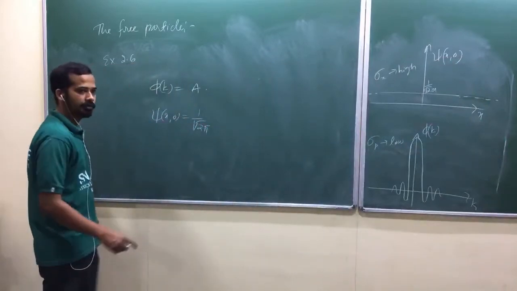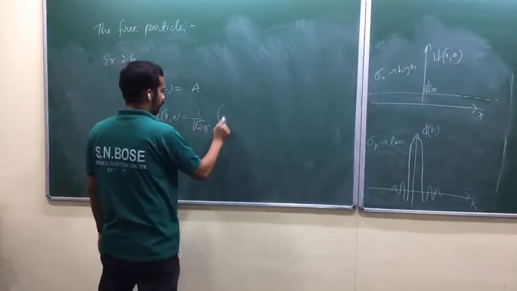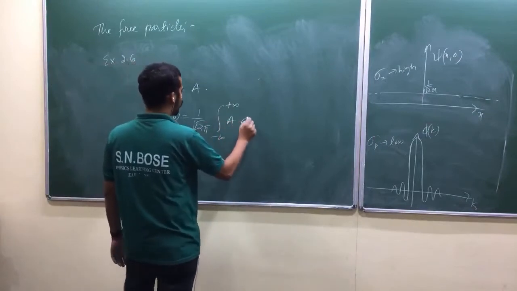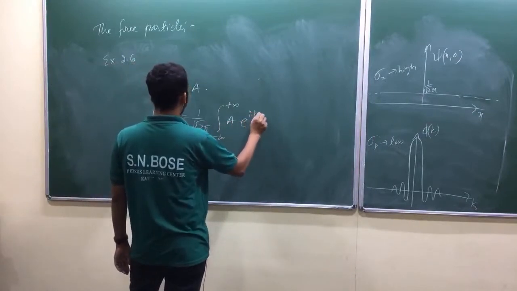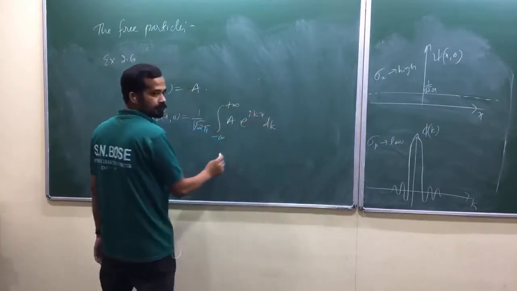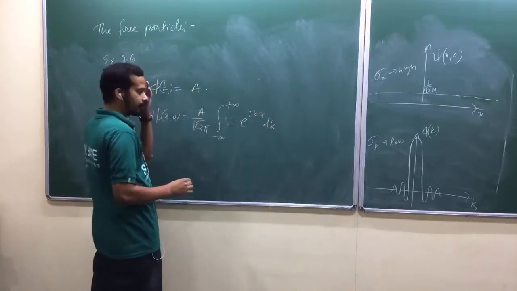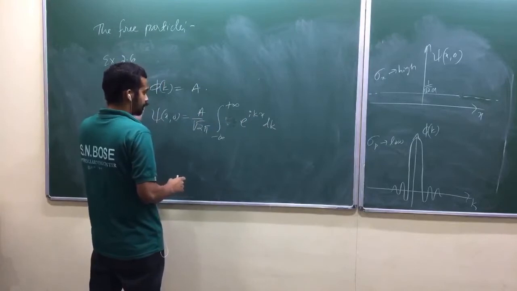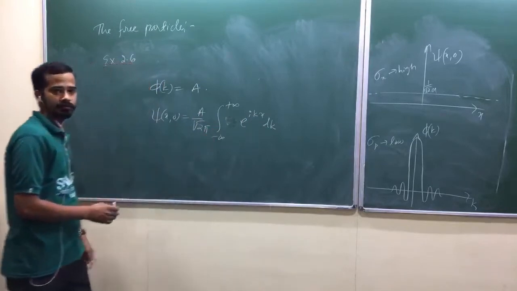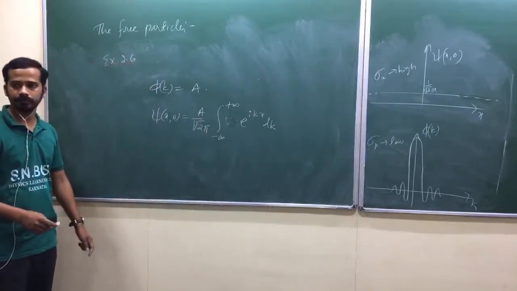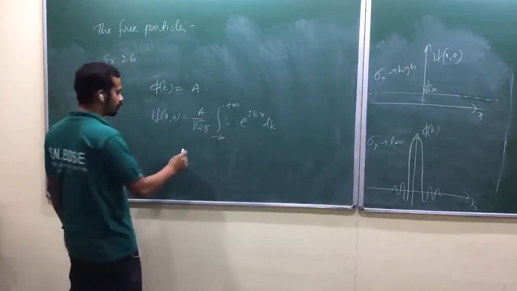What is psi of x comma 0? Some constant e power ikx into dk, am I right? Let me take this A outside. Have you seen this one? So that's why I told you to note down that one.